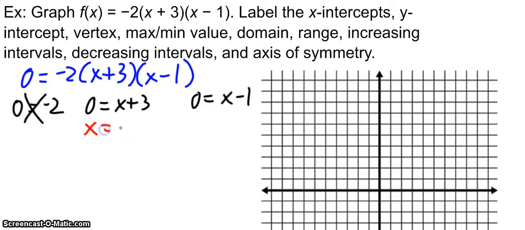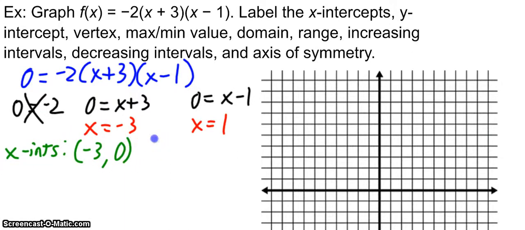So I get x equals -3 and x equals 1. So my x-intercepts are the points, and I want to write them as points: -3, 0, and 1, 0. So I'm going to go ahead and plot those.